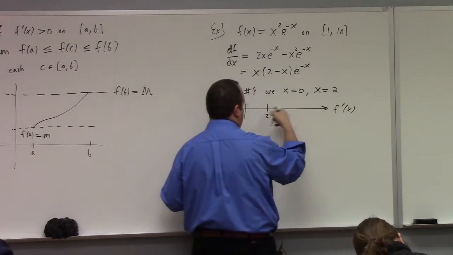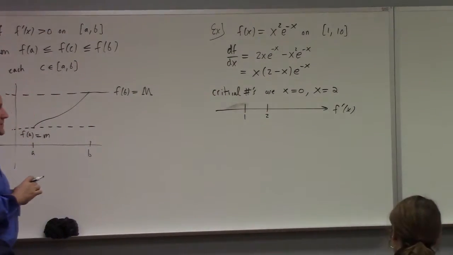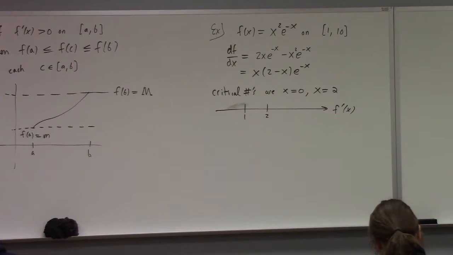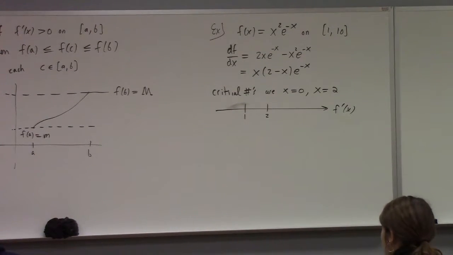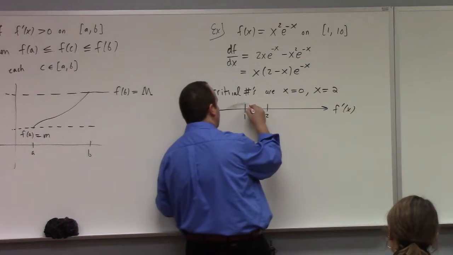The derivative is 0 here. What happens if you plug in between 1 and 2? Like plug in 1.5, what do you get for the derivative? You get 1.5 times (2 minus 1.5), which is 0.5. It's a positive number is the point. So that's pluses, if you like.